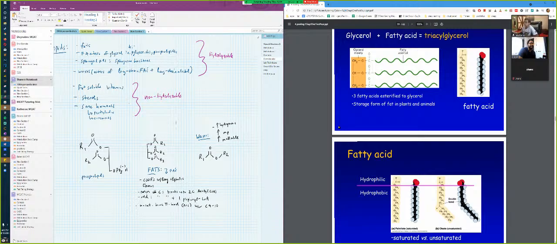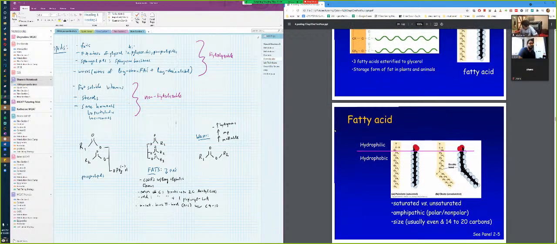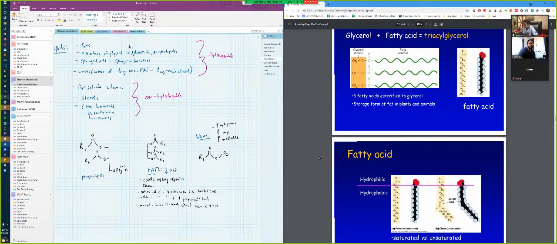Fatty acids have a hydrophobic part, which is just a bunch of carbons, and the carboxylic acid part, which is hydrophilic. So it has a hydrophobic part and a hydrophilic part.